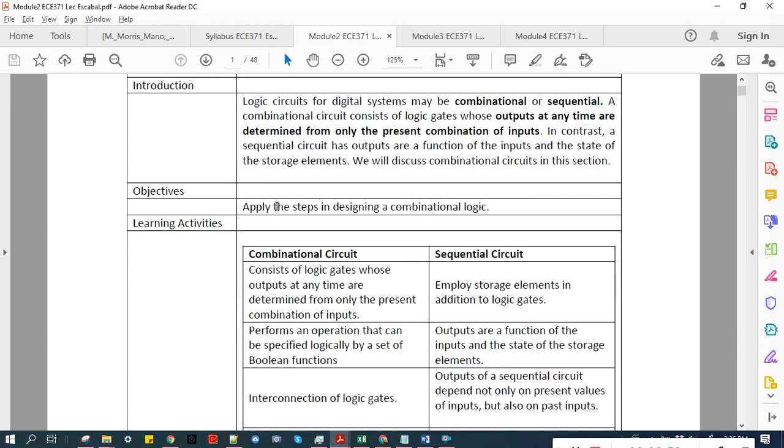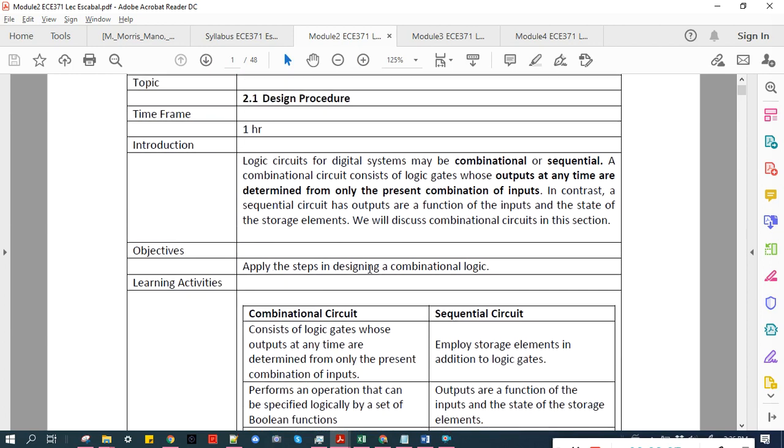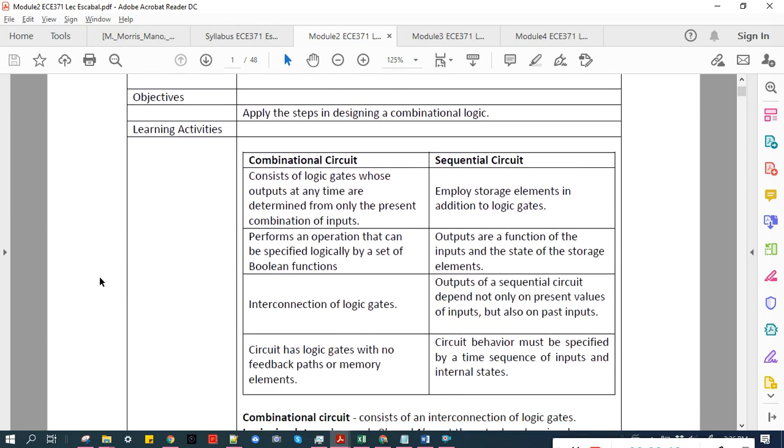The objective for this module is to apply the steps in designing a combinational logic. First, let's differentiate combinational circuit and sequential circuit.